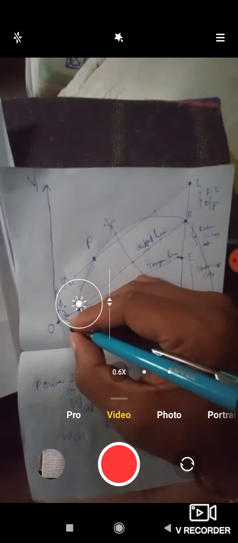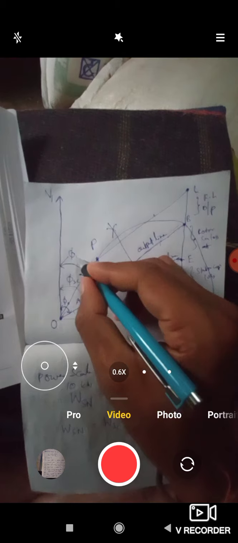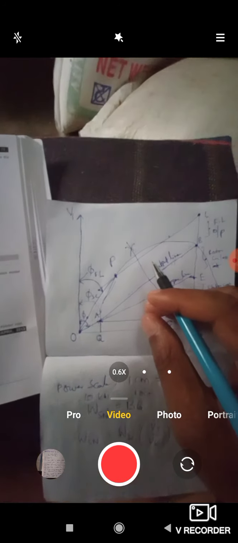Now you have to join OP. This OP represents the full load current, and the angle between V1 and OP is the full load power factor angle. Cos phi FL is the full load power factor.